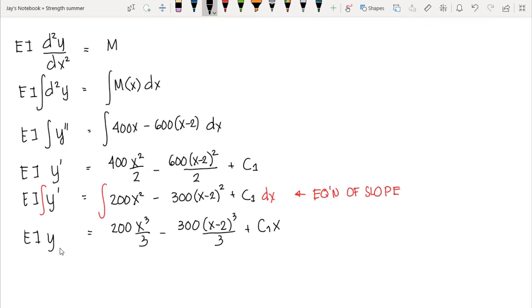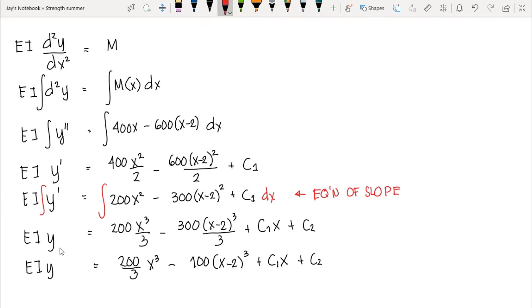But since we integrate it, we need to have another constant, that is c2. Okay? So by further evaluating this, we have EIy is equal to 200 over 3 x cubed minus 100 x minus 2 cubed plus c1x plus c2. So this is the equation of our deflection.